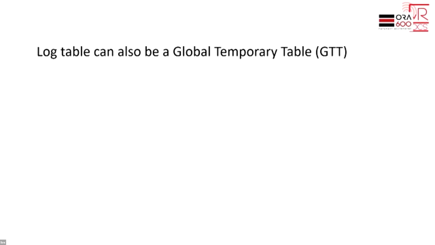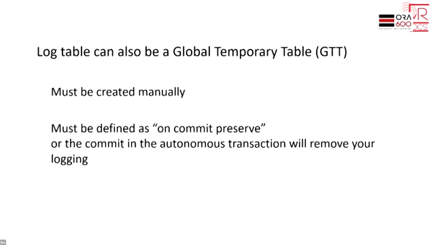You could make your log errors table a global temporary table. That has the advantage that you will only be looking at your errors for your current session and nothing else. So your tagging could be a lot simpler. Then you have to create it manually and obviously as on-commit preserve, because otherwise the commit in the autonomous transaction would throw the record away straight away.